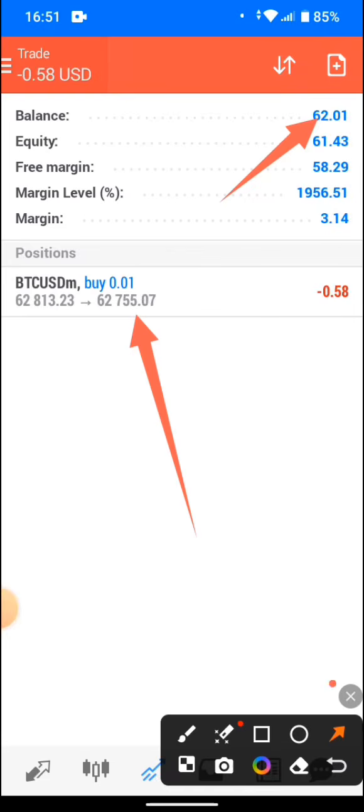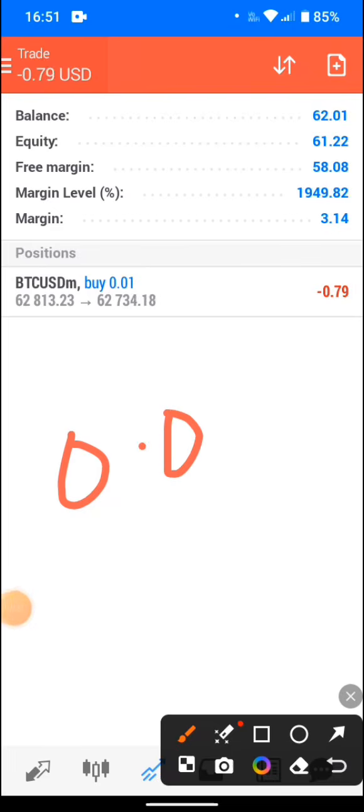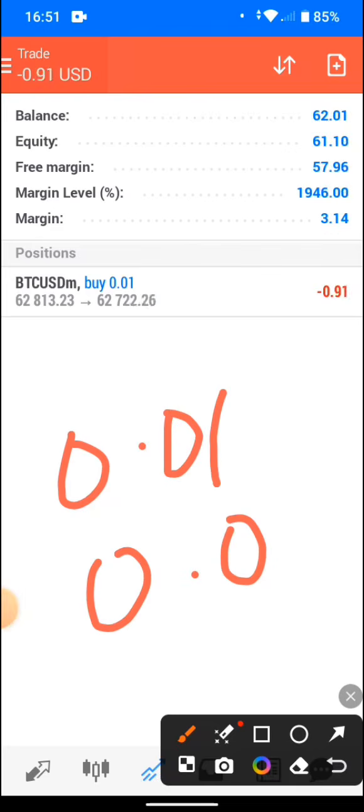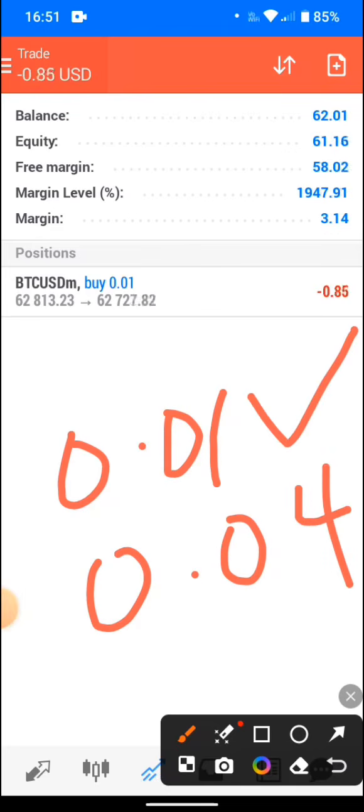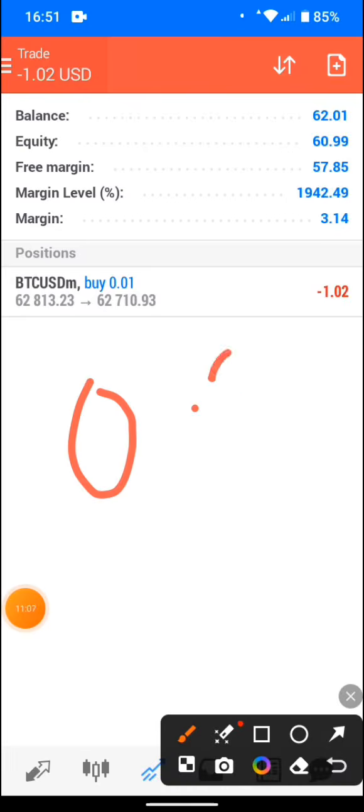So if you are a beginner, the lot size I want you to stick to is from 0.01 to at least 0.04. If you have a $10 account, stick with 0.01. $20, 0.01, $30, 0.01. When you move to $40, then you go towards 0.02.